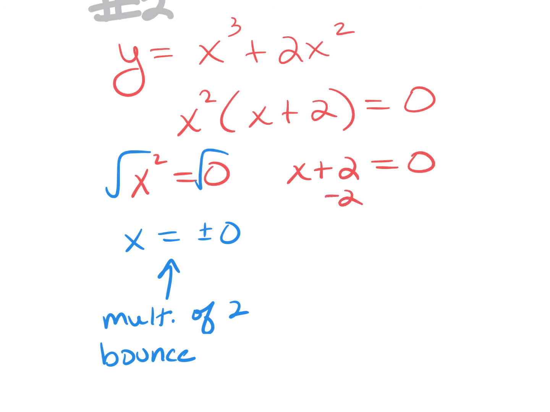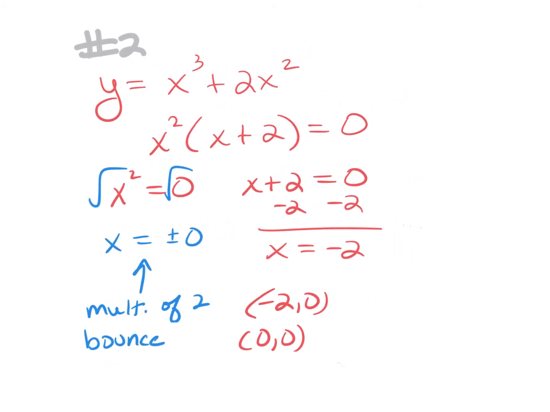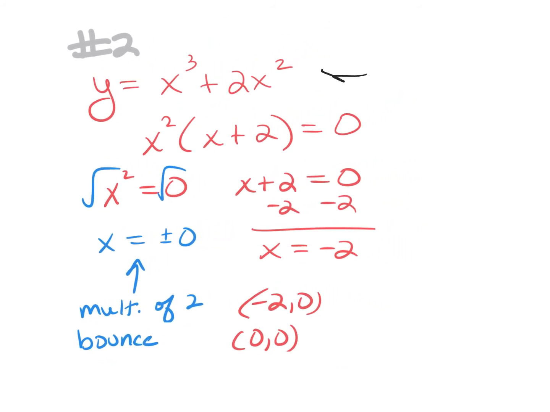This one I'm going to finish solving. This is my other x-intercept, or my other 0. So I have (0, 0) and (negative 2, 0). My y-intercept, if I plug in x equals 0, notice you're going to get (0, 0).